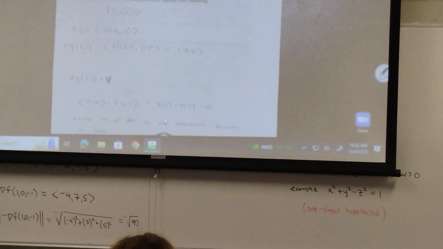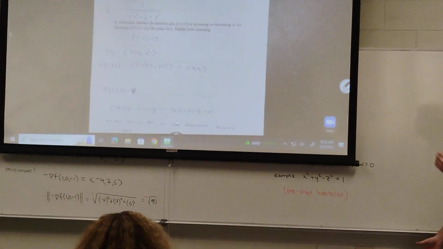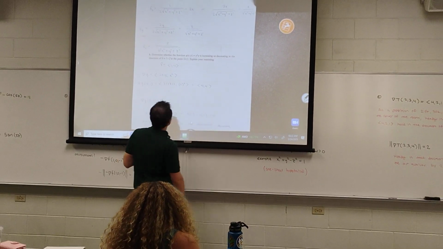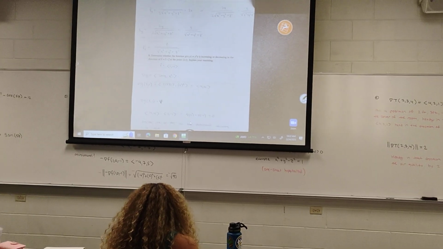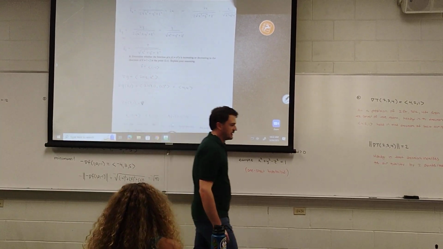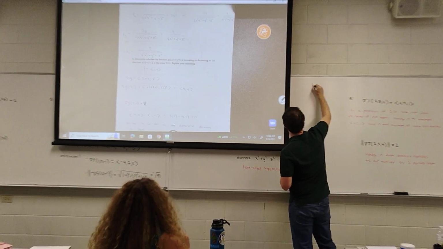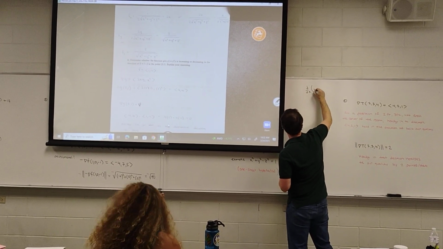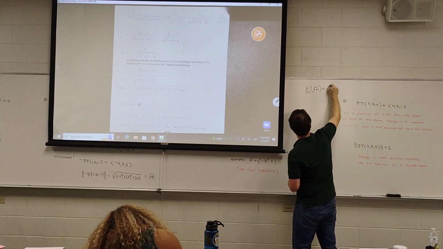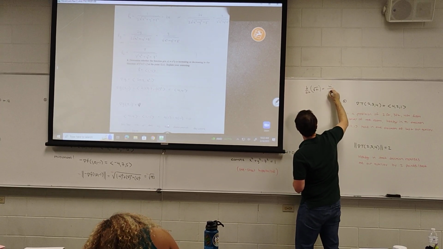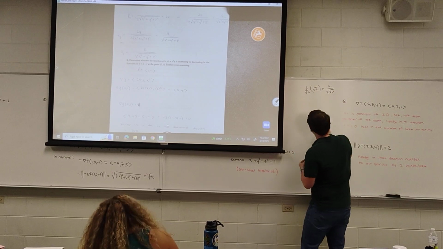The first one is just computing all three partial derivatives. So I've got the partial with respect to x. I remember my Calc 1 rule that the derivative of the square root of something is the derivative of the something over 2 root something.